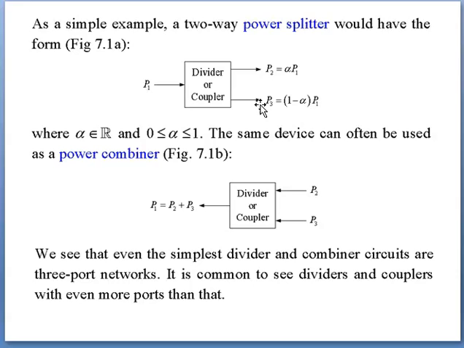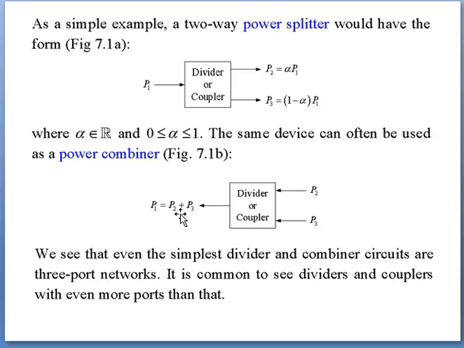Okay, the same device can also be used as a power combiner where you have two powers and then you combine them. So you have P2 and P3 going into the divider or the coupler. Here the case would be a coupler. So you will have P1 equal to the addition of P2 and P3.